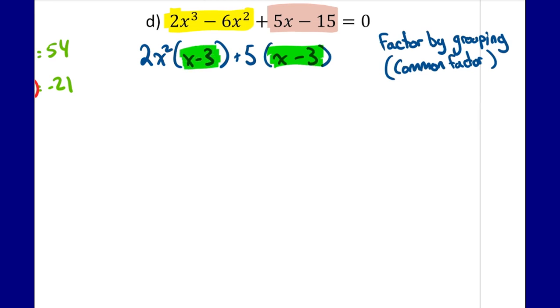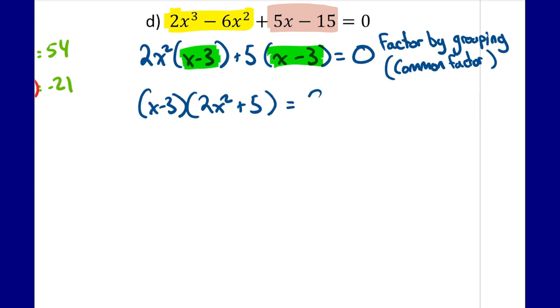I can take that bracket out as a factor, and the remainder is 2x squared plus 5. So now I have x minus 3 times 2x squared plus 5 equals 0.